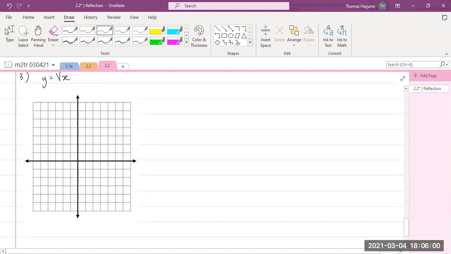So 0, 0, up 1, right 1, up 2, right 4, up 3, right 9. So you imagine the graph of y equals x squared, but you swap the x and the y.